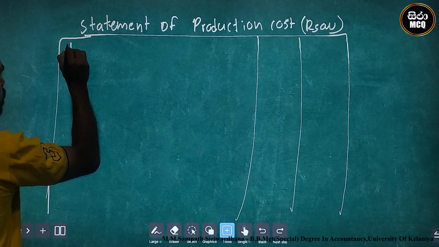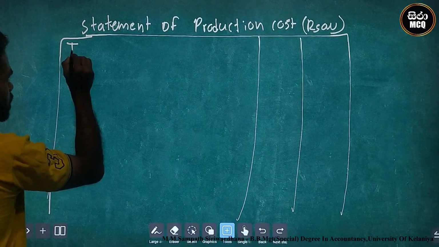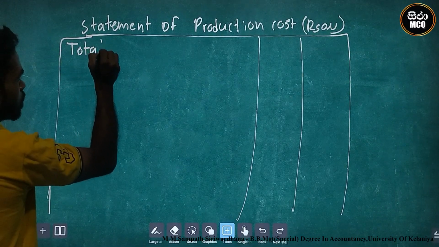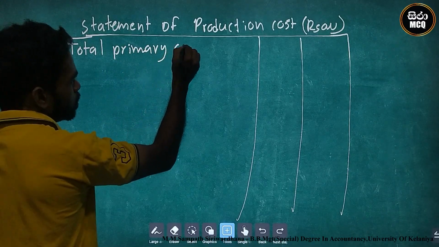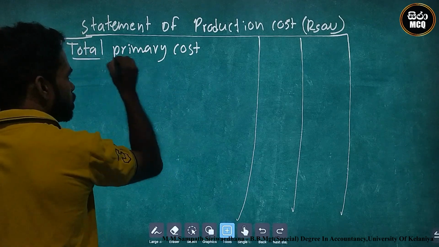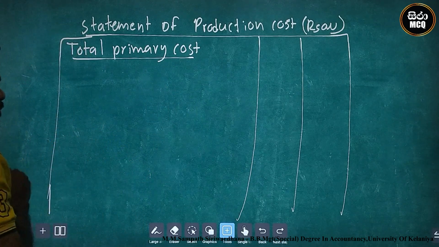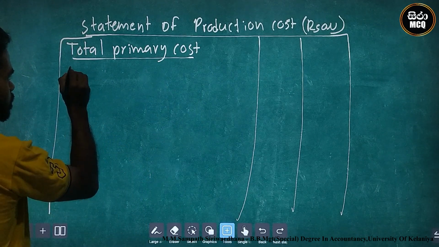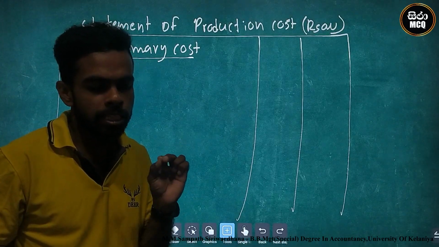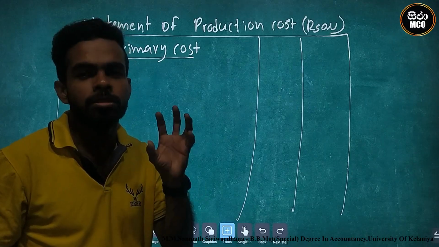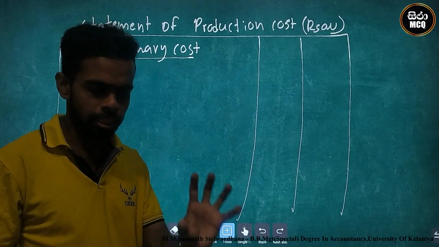First, this is the total primary cost. At the top of this structure, firstly we must identify the consumed direct material cost.